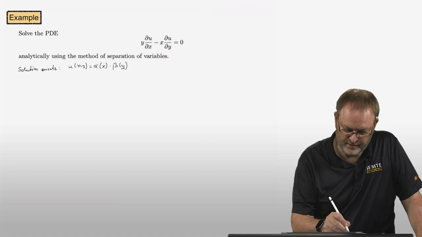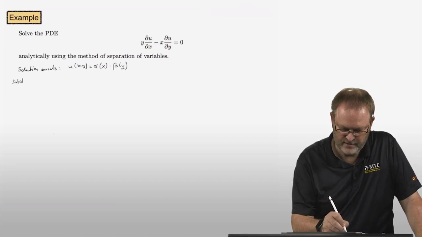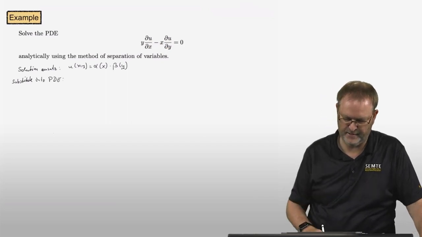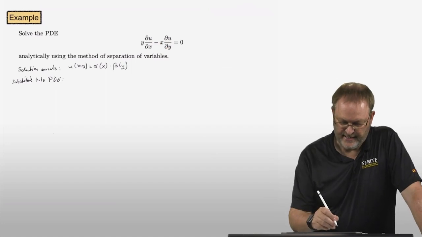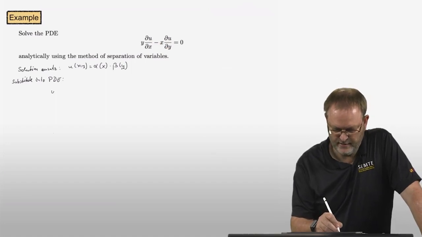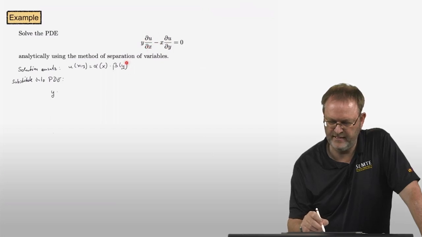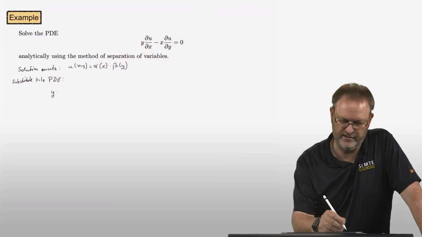And I'm going to substitute this now into the PDE. That's the next step. So I get y times, right, that's this. Now I have to take du dx, but beta is just a function of y, so I can move it in front of the derivative.